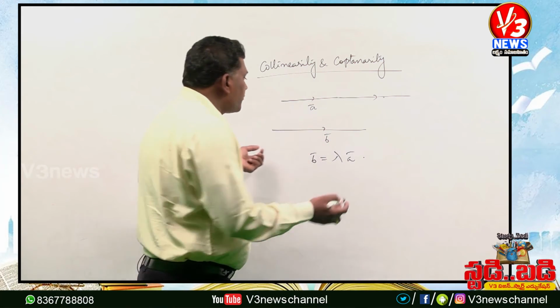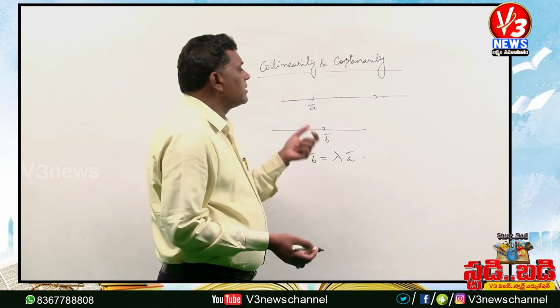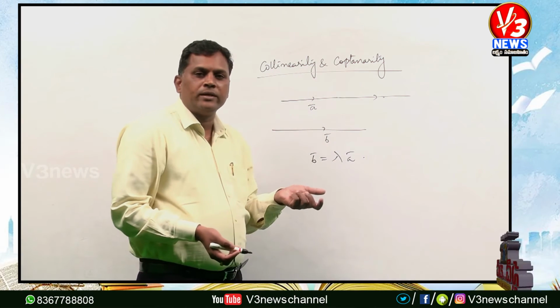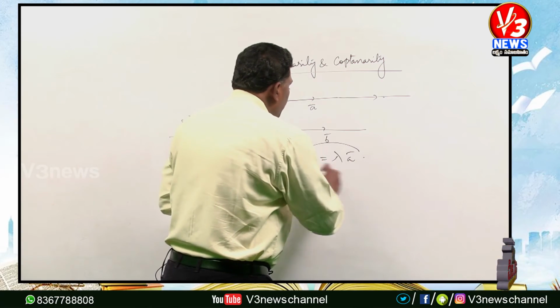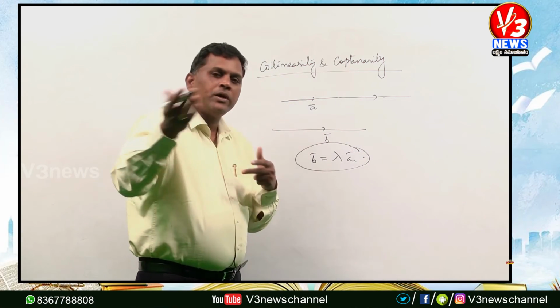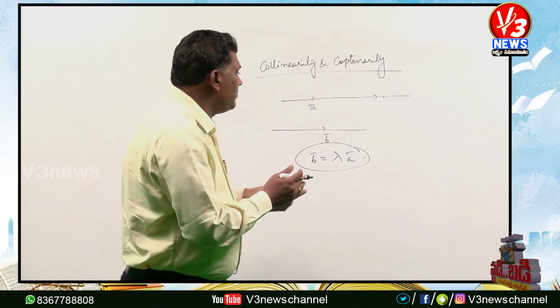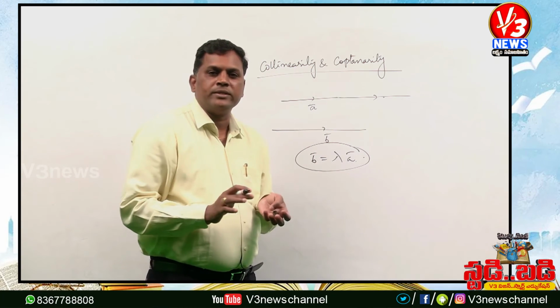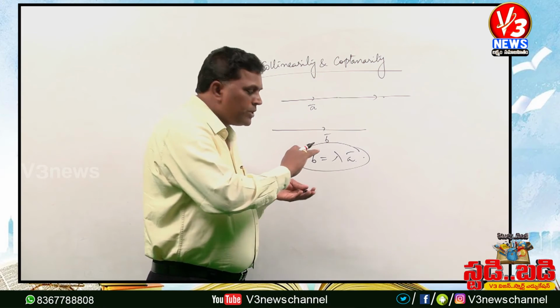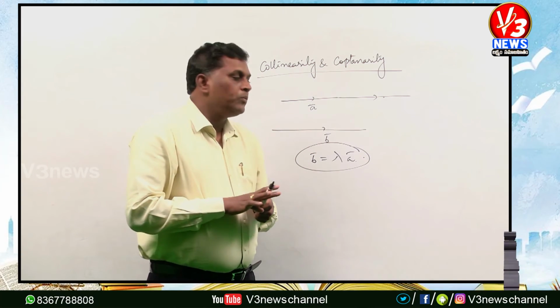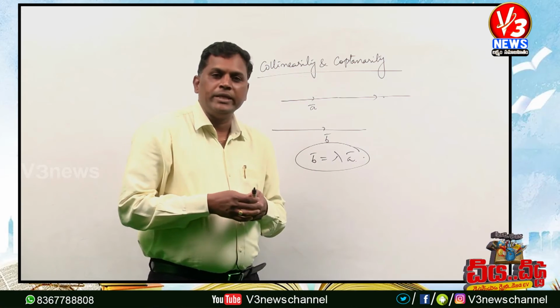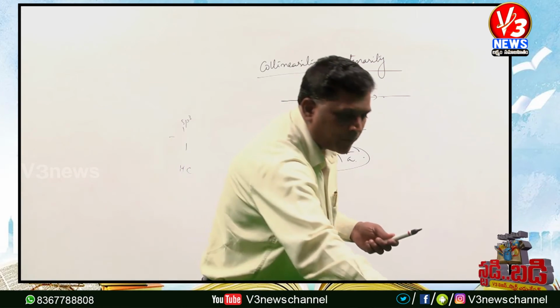That's why if two vectors A bar and B bar are either parallel or collinear, we can simply write A bar equal to lambda B bar or B bar equal to lambda A bar. This property is generally remembered permanently by all students. Apart from this, we have one more method for collinearity of 3 points.